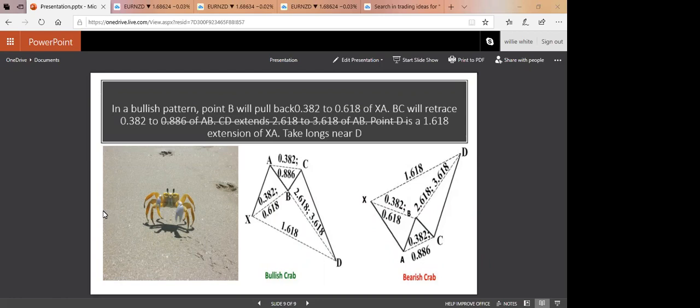So for those that do not know, when the Kumo twist does its thing, I like the Kumo twist sometimes. Sometimes I don't like the Kumo twist because it doesn't always play out in my favor. So what the Kumo twist does is, let me see if I can share my screen and show y'all what the Kumo twist is.